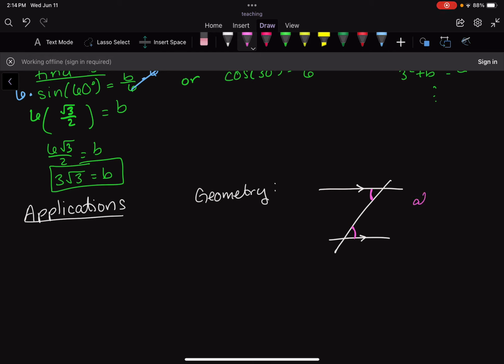So this is called alternate interior angles. So we're going to use this. This angle down here, we often call this the angle of elevation.